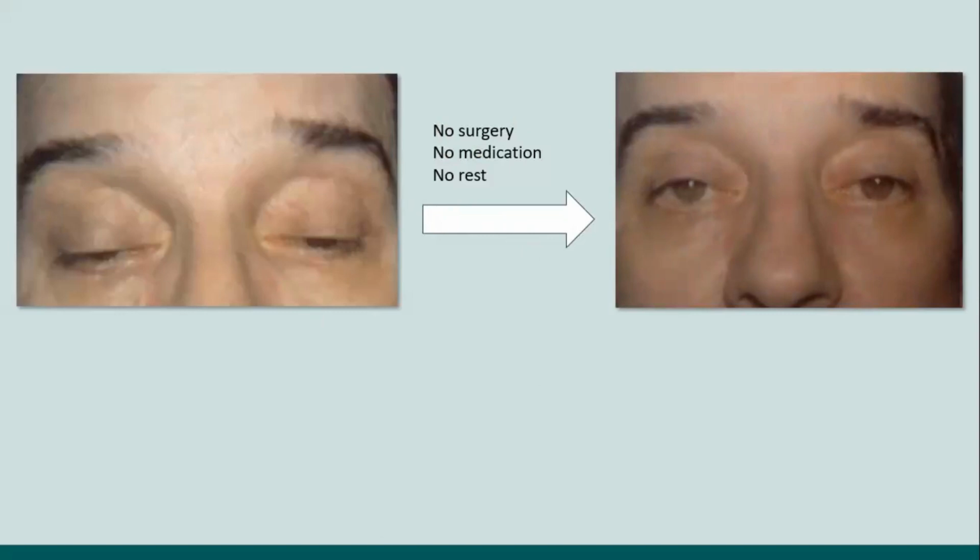It's improved, not fully, but a bit. What do you think the doctor inserted in his eyes? Ice pack test? No ice pack. It's not myasthenia.